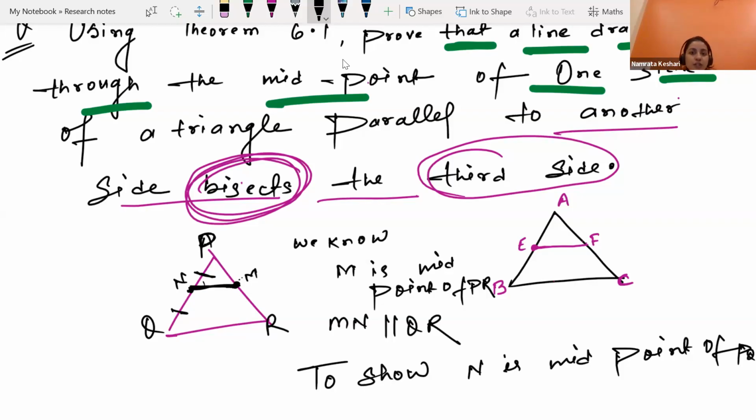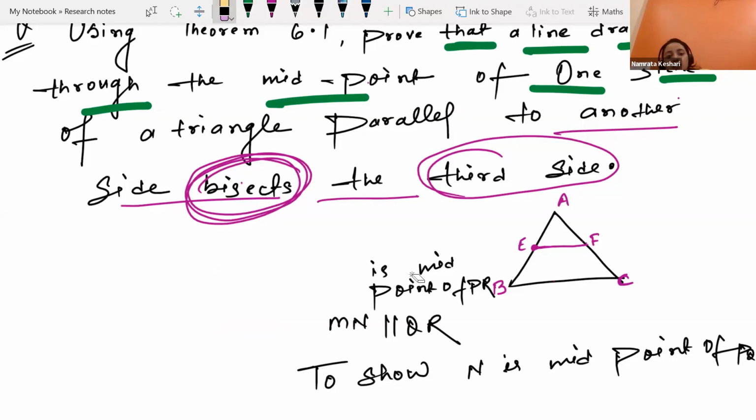Am I making sense about what exactly is given in this theorem and what we have to prove? Yes or no? Yes, ma'am. Okay. So if a line passing through the midpoint is parallel to one of the sides, we have to show that the line is bisecting the other side. So let's prove it by using the basic proportionality theorem.